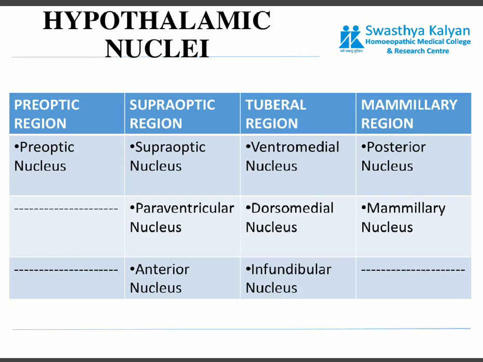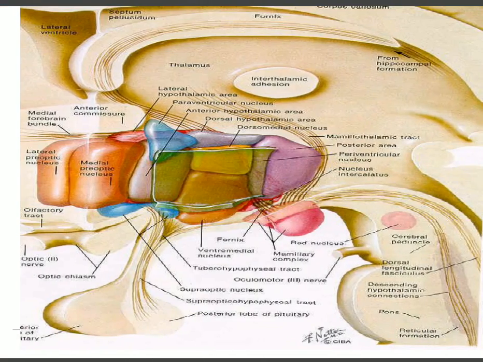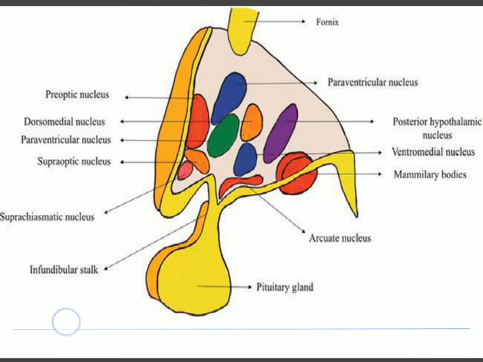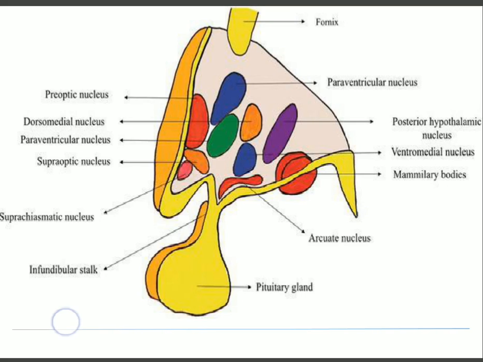The nuclei present in the supraoptic region are the supraoptic nucleus, the paraventricular, and the anterior nucleus. You can see the preoptic nucleus adjoining the lamina terminalis in the preoptic region. Then in the supraoptic region, there is the supraoptic nucleus. This is the paraventricular nucleus.